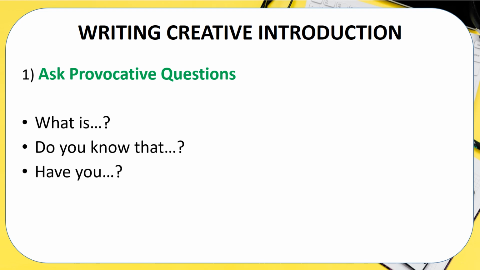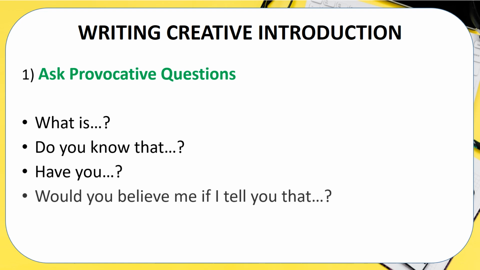And then we have, have you? This one is asking the readers about their experience. Have they done it before? And the last one is, would you believe me if I tell you that traveling is blah blah blah, something like that. So this one is trying to tell the audience about a fact, about a history, about an information about something.